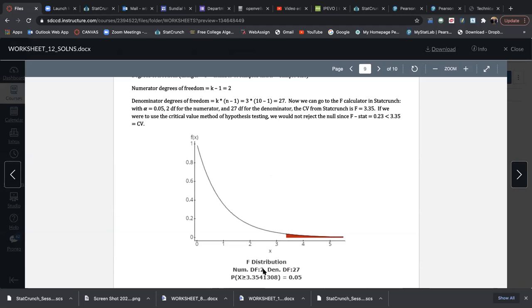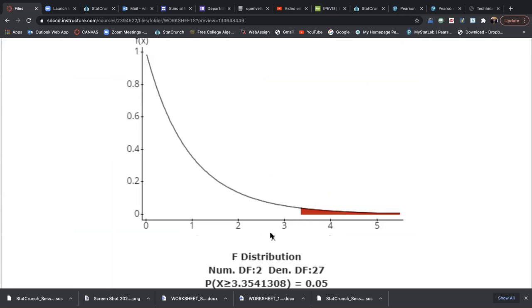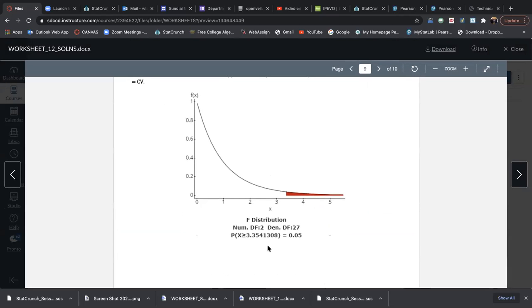Okay, so we took our K value, which is 3, K minus 1 is 2, N here is 10, and 3 times 10 minus 1 is 27. Okay, so those are the correct degrees of freedom. Set your right tail probability to be alpha, which is 0.05.